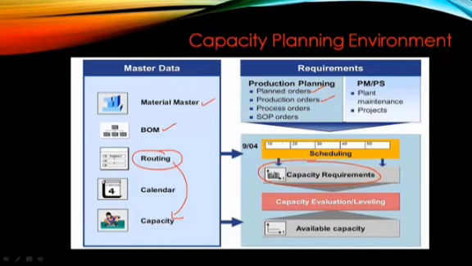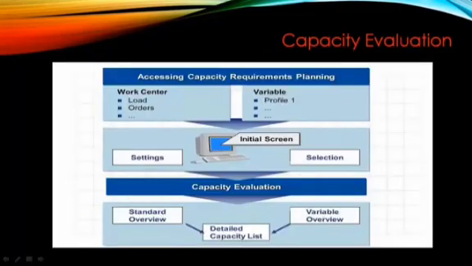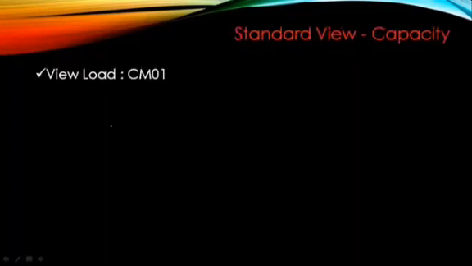So let's have a look at how we can do it in SAP. Using this, we have different views and different settings we can use. So the transaction is CM01. You can use this transaction to view the load on a specific work center.